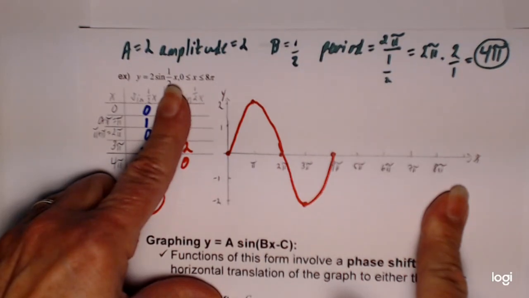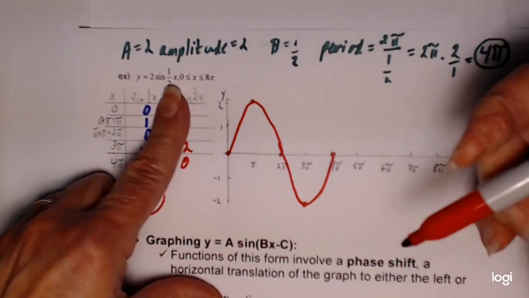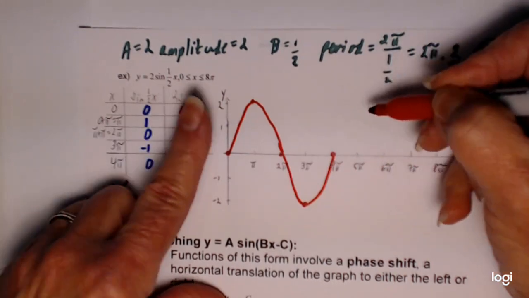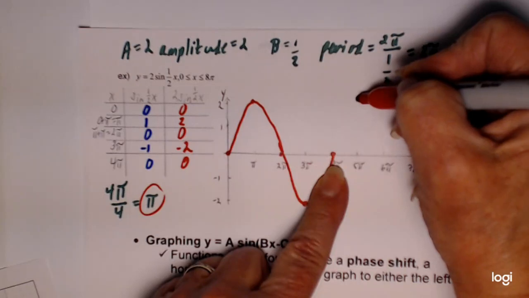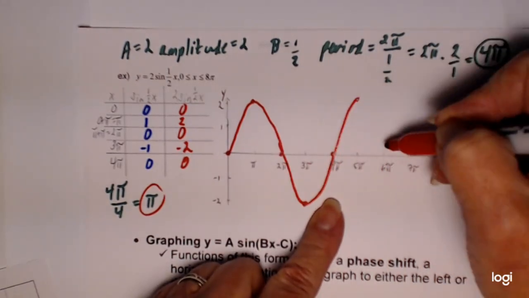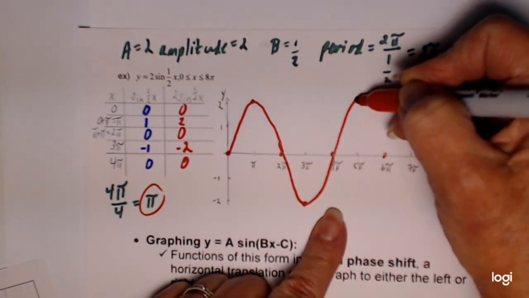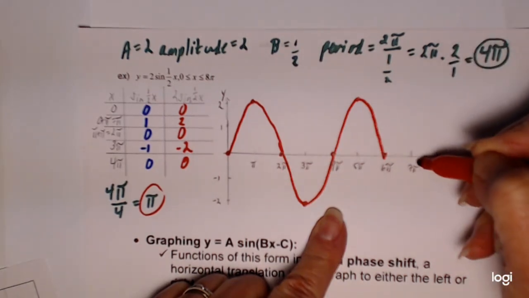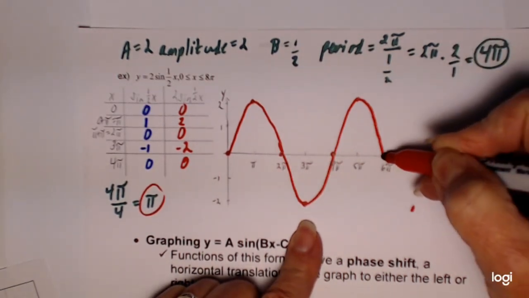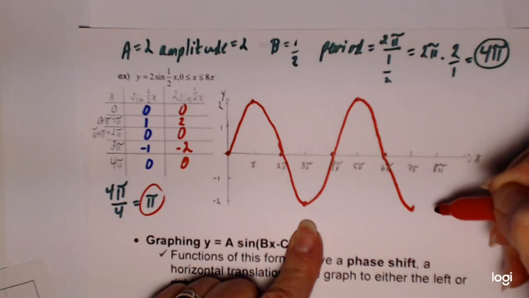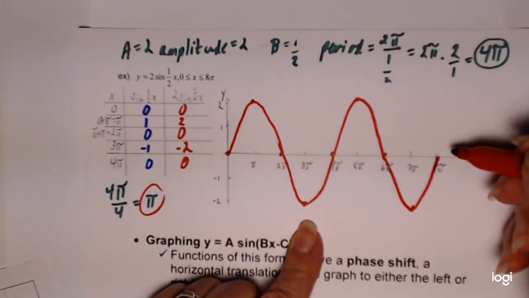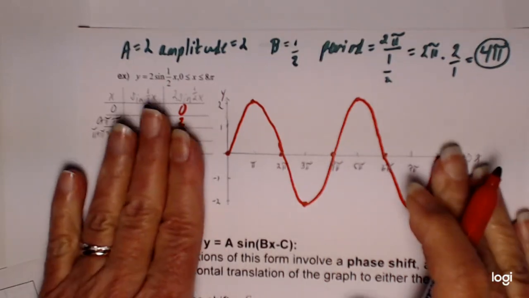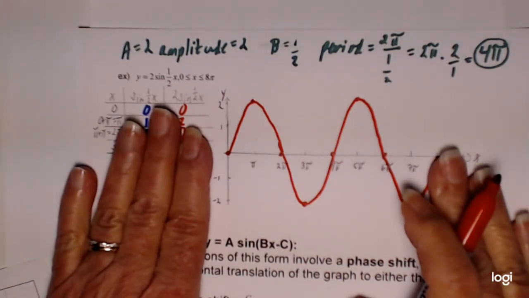So we need to continue this pattern. So here, for the next pi interval, we're going to be up at 2. Then at 6 pi, we're going to come back down again to 0. At 7 pi, the next pi will be down at -2. And then 8 pi will be back at 0. And then, of course, this would continue, but this is what we were requested to do.